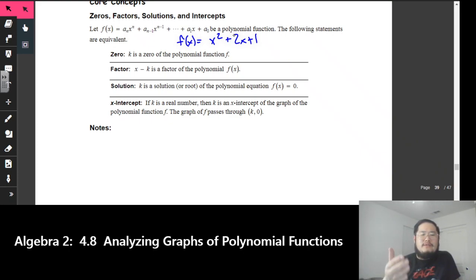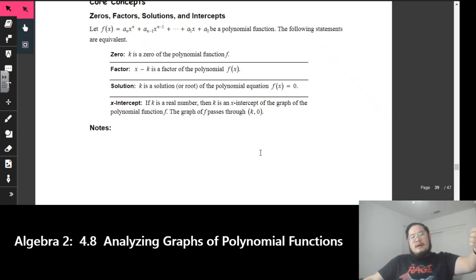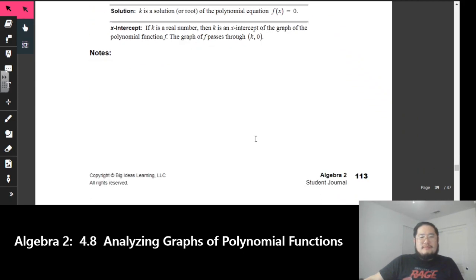So these four terms are used interchangeably, and they are all finding the same thing, which is this value of k right here, the variable used in the example. Each of these has k, and that's what you are essentially solving for, which could be a zero, a factor of the polynomial, a solution, or your x-intercepts.